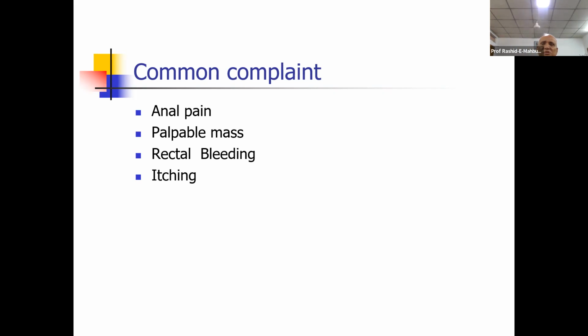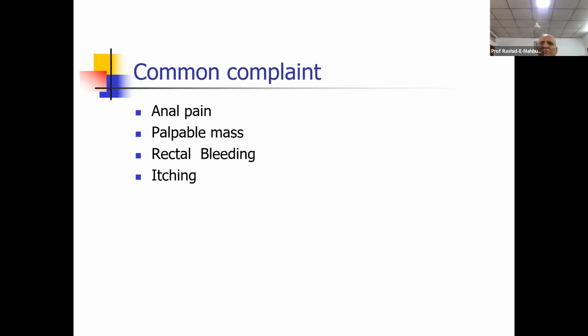Common complaints of anorectal lesions. You must agree these are the common complaints. Mostly it is anal pain. That is a very painful thing, and there are many reasons, which I will come to later.